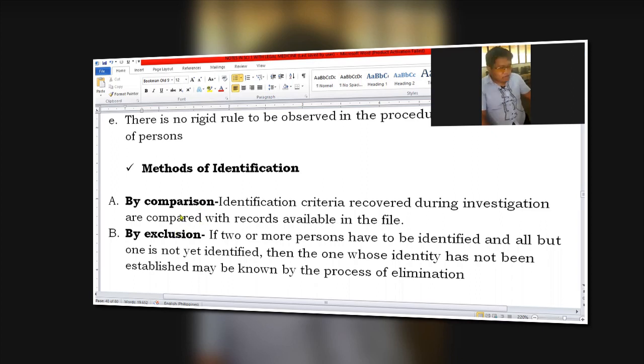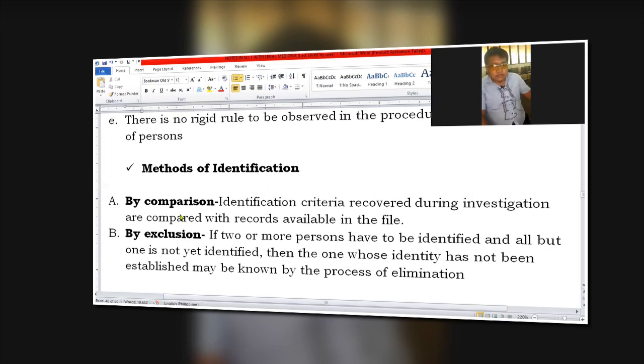Likewise, in exclusion, you remove all other leads, and this person is the most relevant. For example, if there are 10 suspects or 10 persons of interest, then you do exclusion.